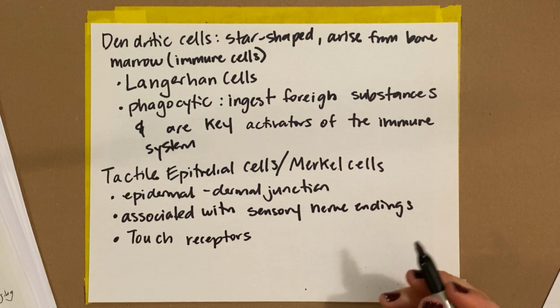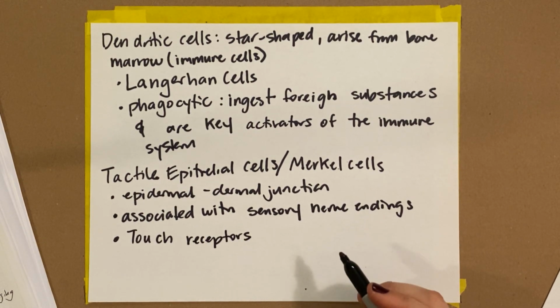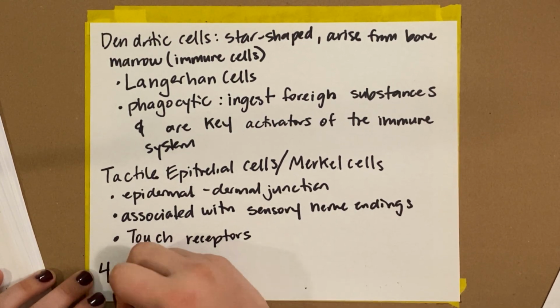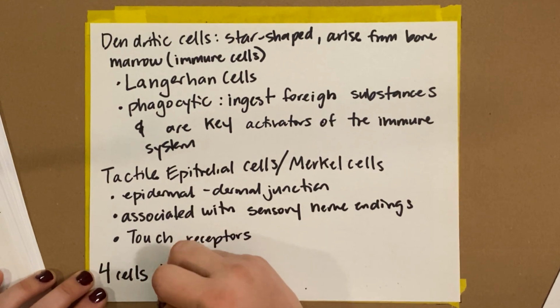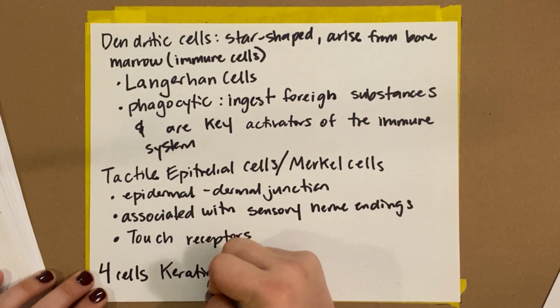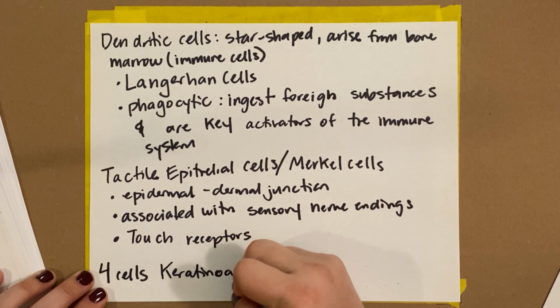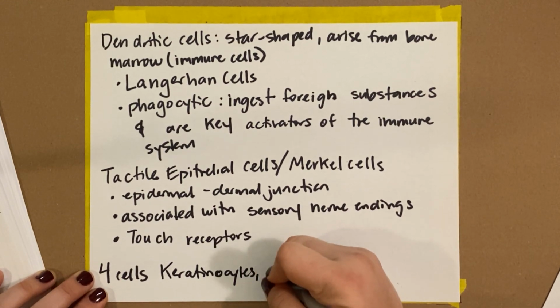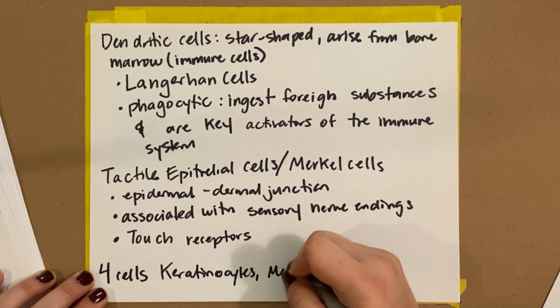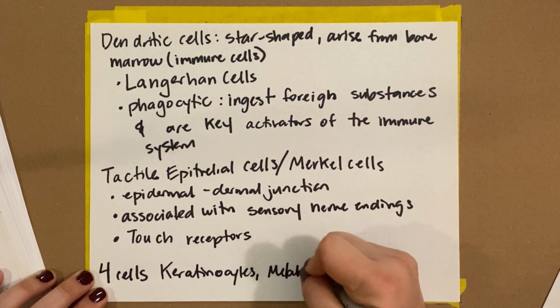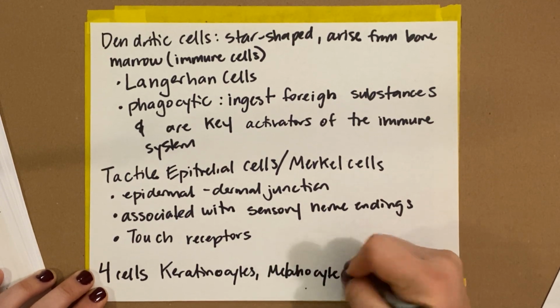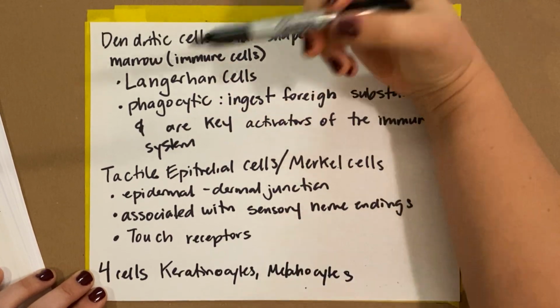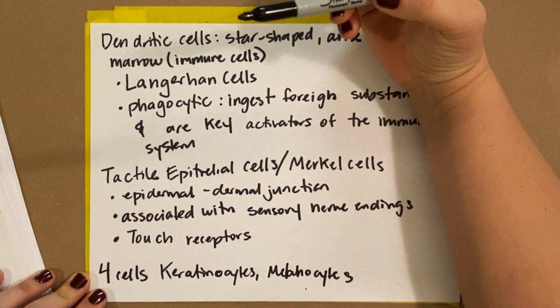Okay, so just to review, we have the 4 types of cells. Okay, we have keratinocytes. We have melanocytes. We have dendritic cells and tactile epithelial.